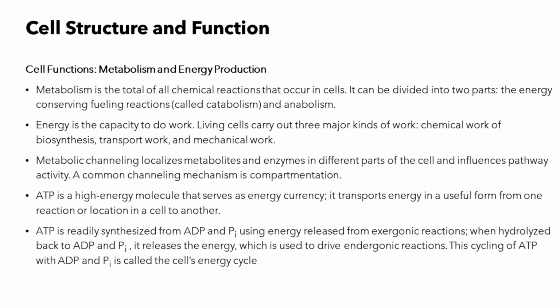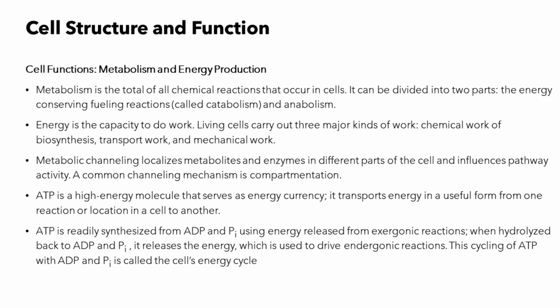ATP is a high energy molecule that serves as energy currency. It transports energy in a useful form from one reaction location in a cell to another. ATP is rapidly synthesized from ADP and Pi using energy released from exergonic reactions.